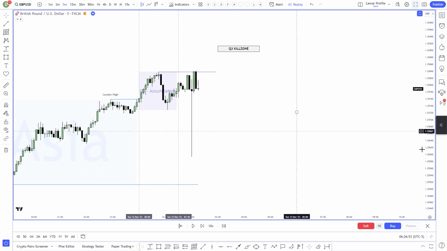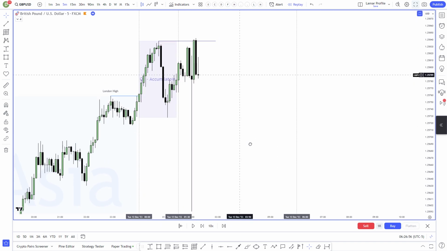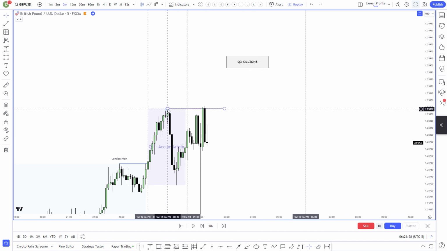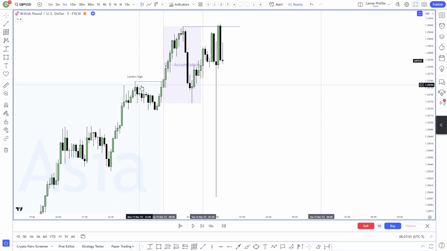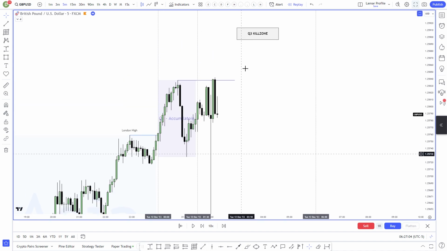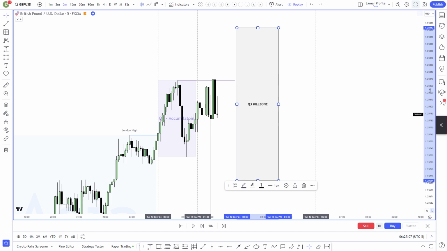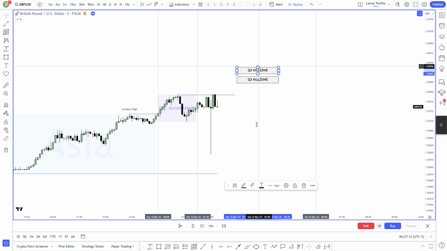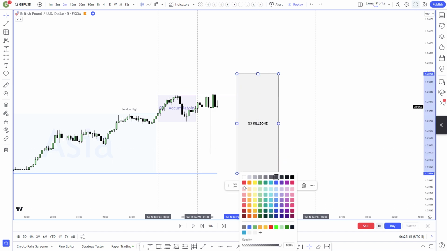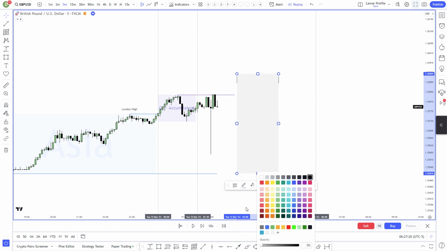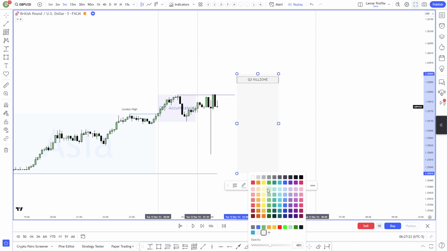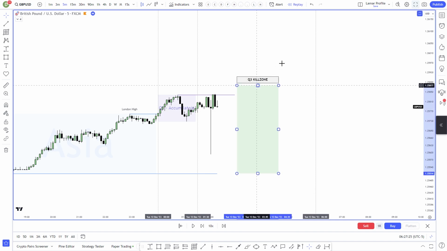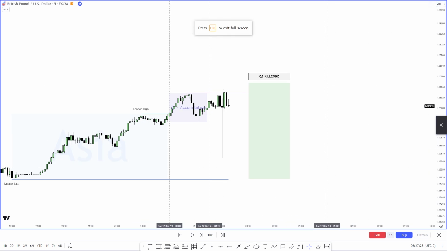So if you can pay attention, price within Q2 has swept Q1's high, and also swept the Asia high. Right now, heading into this range right here, we are pretty much looking for lower prices. Let me mark it like this so we know this is our dealing range, right? Okay, perfect. We're pretty much looking for lower prices.